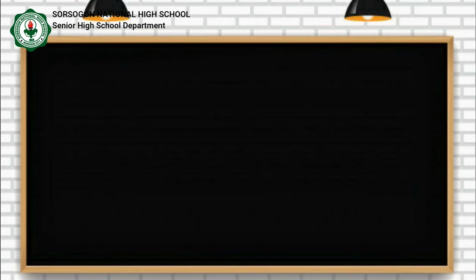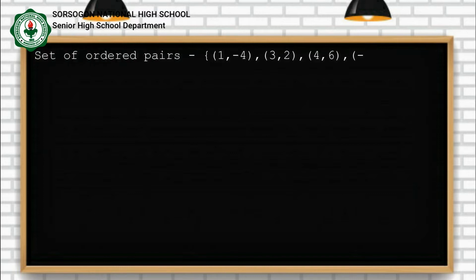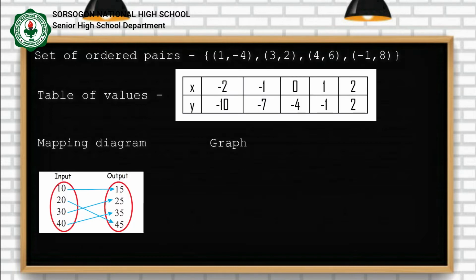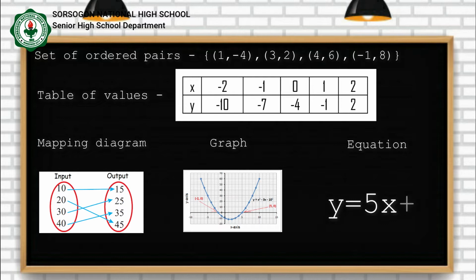There are different ways in representing a function. It could be represented using set of ordered pairs, table of values, mapping diagram, graph, or equation. There are different types of equation, and some were already presented to you when you were in junior high school.